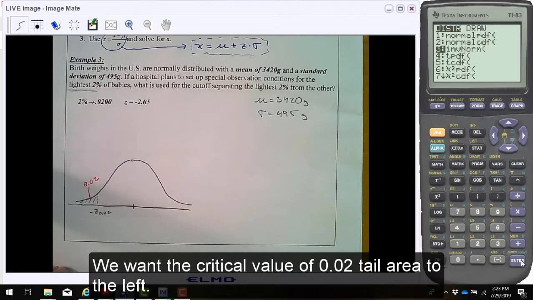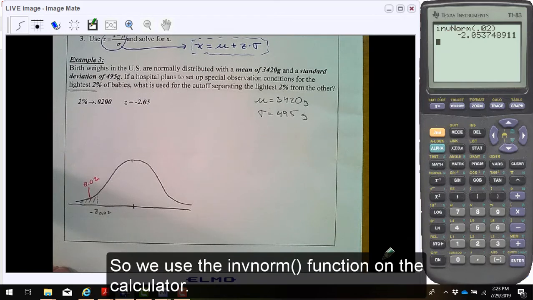We want the critical value of 0.02 tail area to the left. So we use the inverse norm function on the calculator.